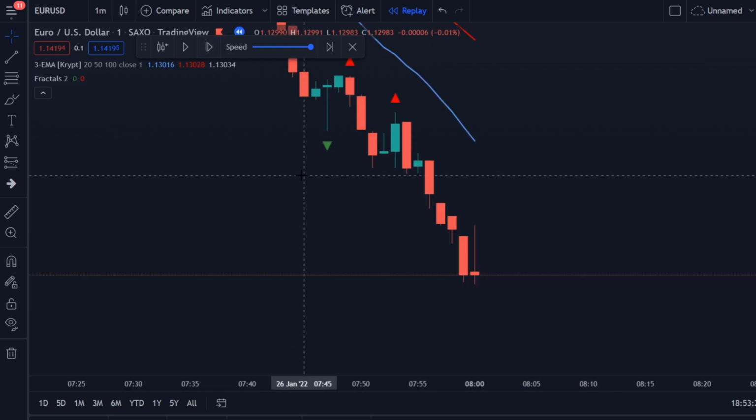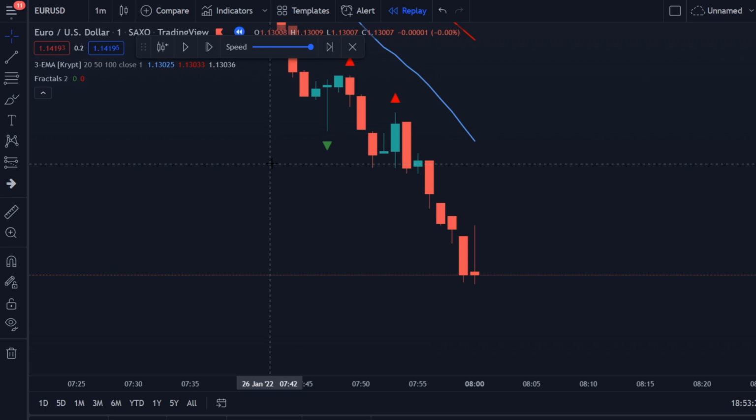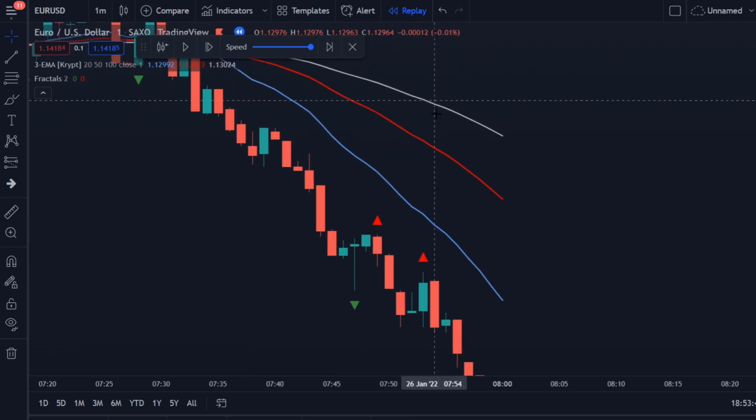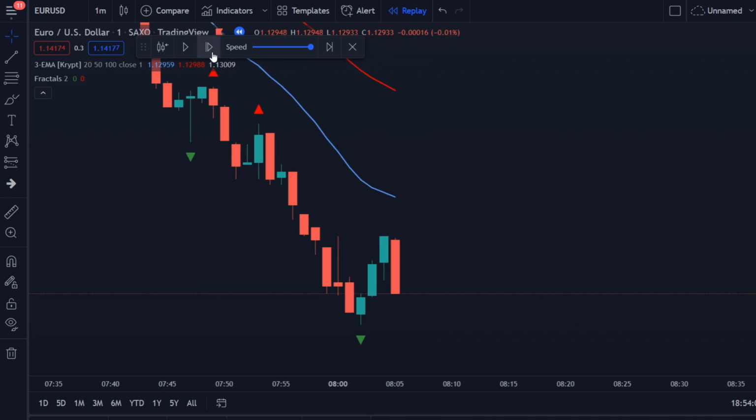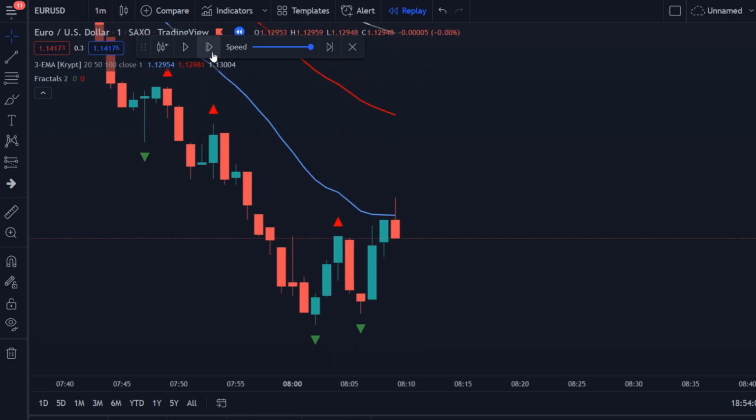Now I will show you the last example, and then I think that this strategy is clear. Let me show you. Now we see that all the exponential moving averages are pointing downwards. We see that the blue one is below the red one and the gray one. So we wait for the price to hit our exponential moving average, which is about here.